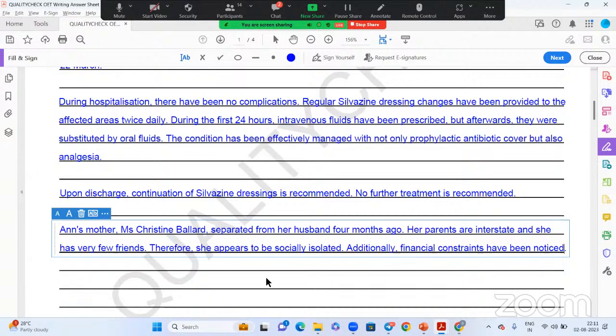Now, therefore, she appears to be socially isolated. Therefore, why? Because of the separation. So just write consequently, I'm taking you to A grade.